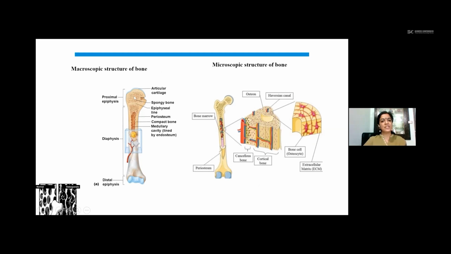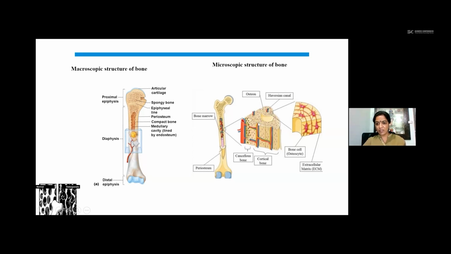Here we can see the epiphyseal portion, which is spongy and doesn't have a well-defined structure in comparison to the bone in the diaphyseal region, which we call compact bone. In the next diagram, when we enlarge this diaphyseal or compact bone region, our bone looks like that.